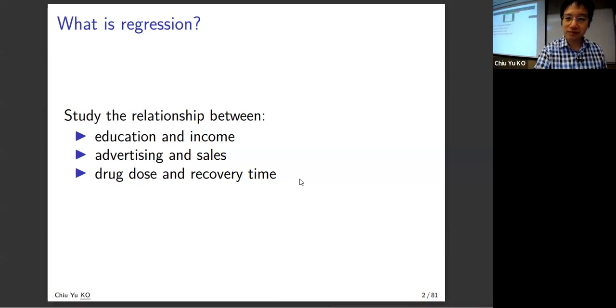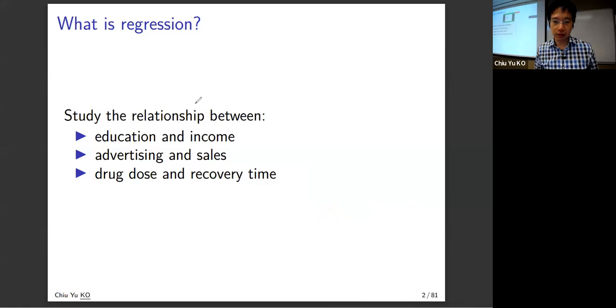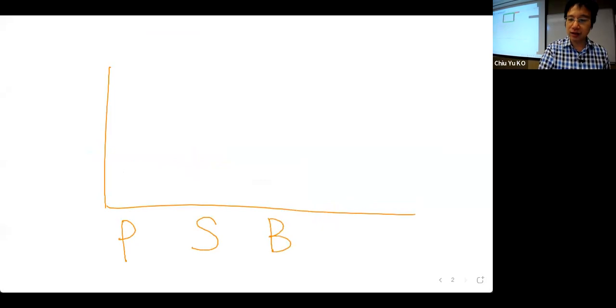So it should look like this. If you have primary school, secondary school, bachelor, master, and PhD, maybe I just draw the other one, a bigger one. So like this: primary school, secondary school, bachelor, master, PhD.